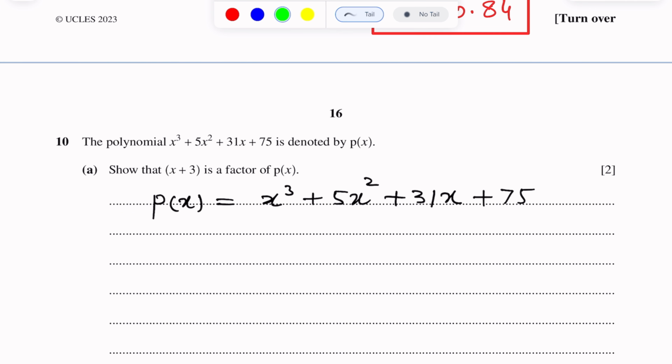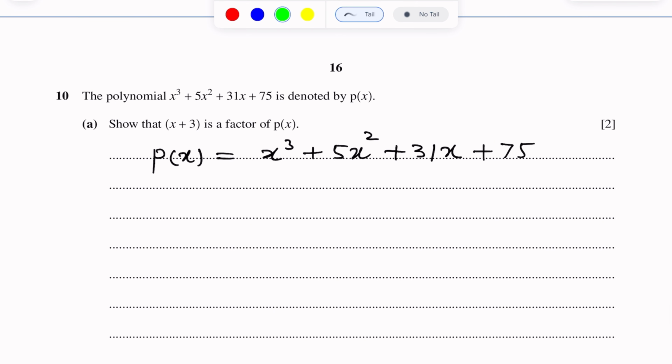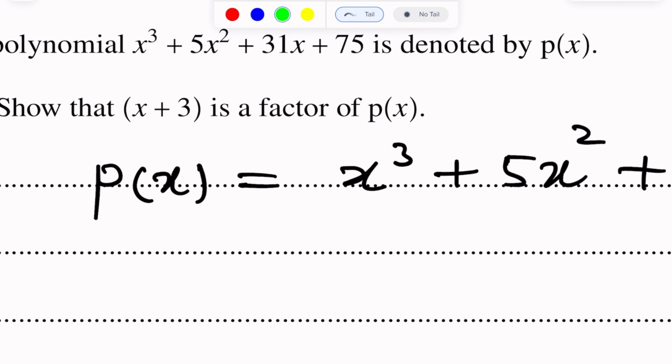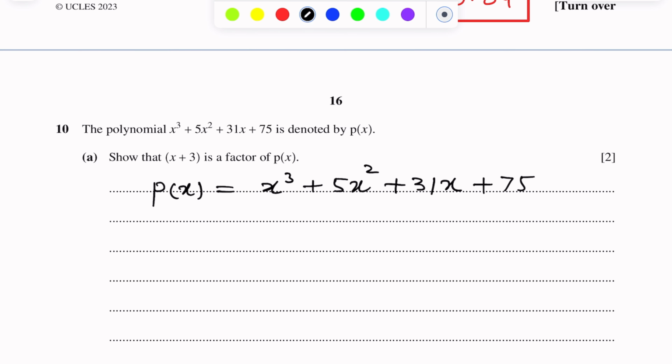So we have to show that the remainder is equal to 0. The method to find the remainder: putting x plus 3 equal to 0, from here x is equal to negative 3. This is the way to find a remainder.